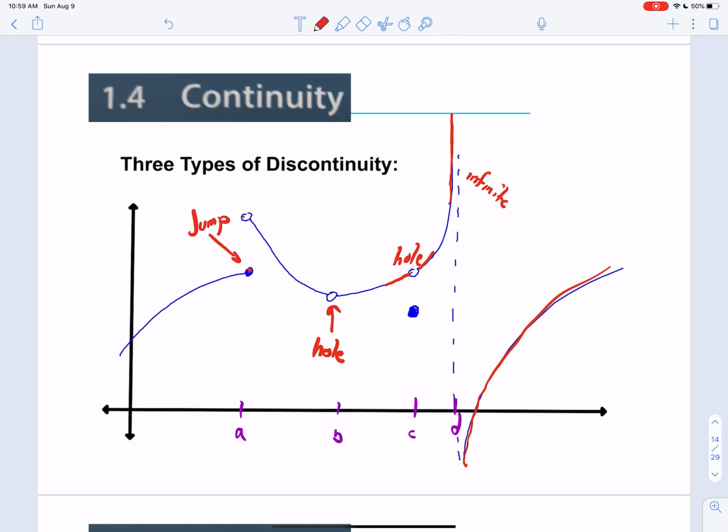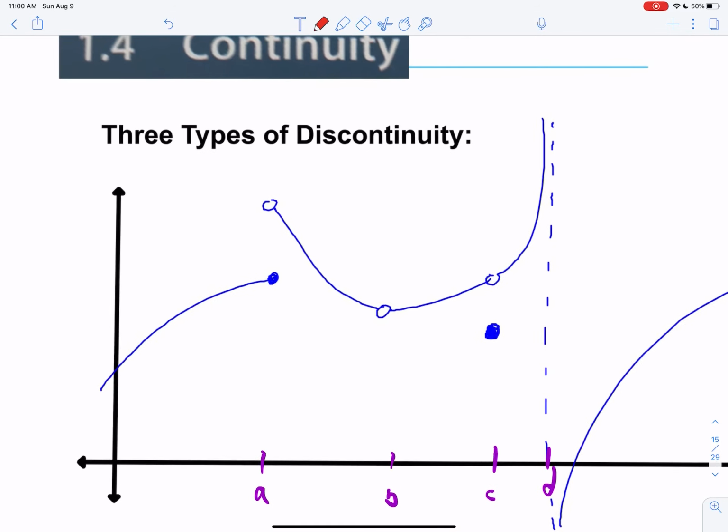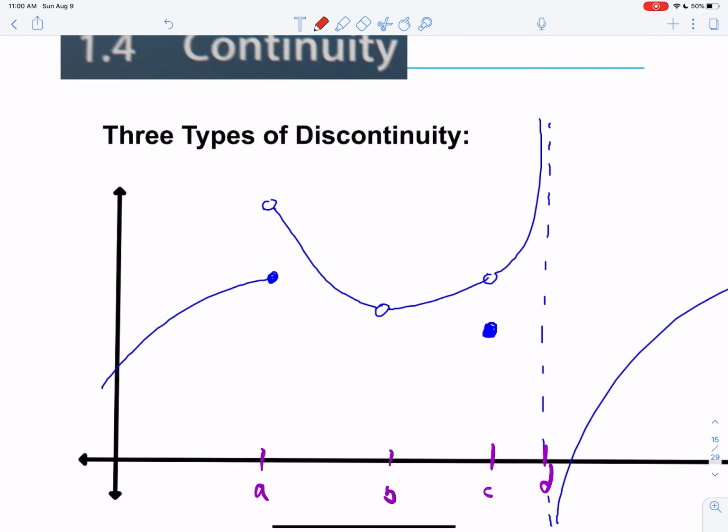Okay? So basically here, for a jump discontinuity, let me erase this now. Let's go back and identify it through our rules numbers 1, 2, and 3. Okay, take a look at A now. What rule did it break? Number 1, 2, or 3?